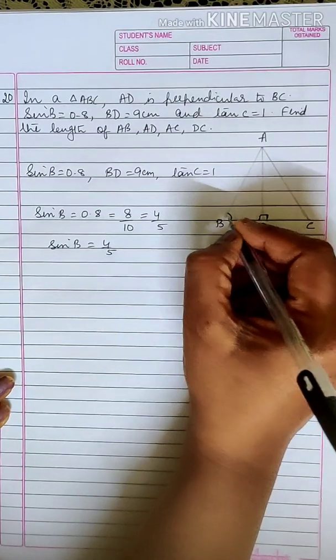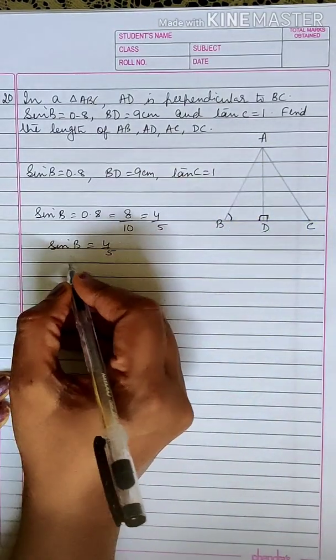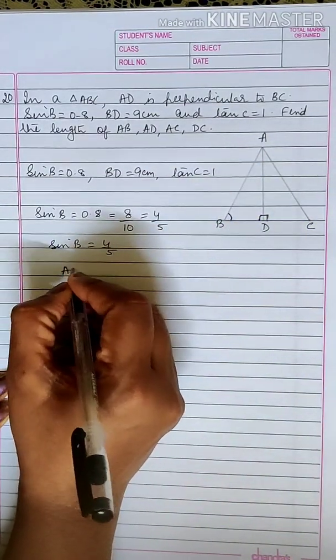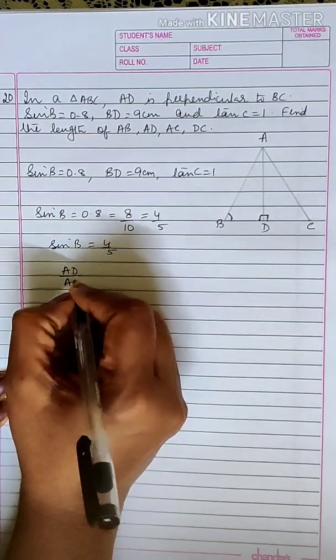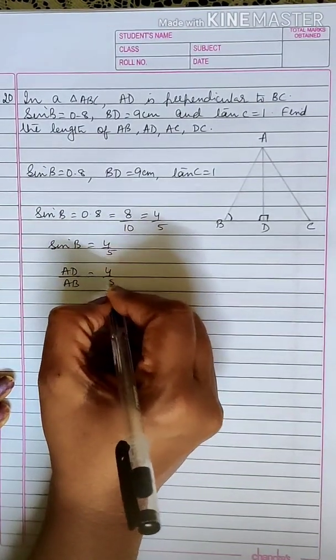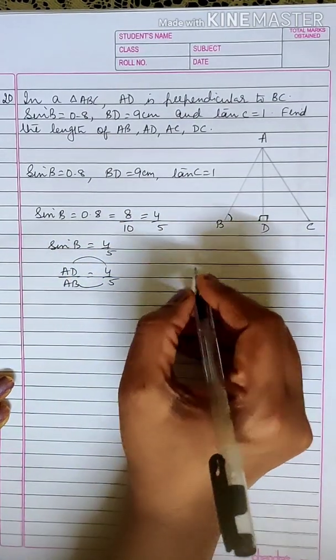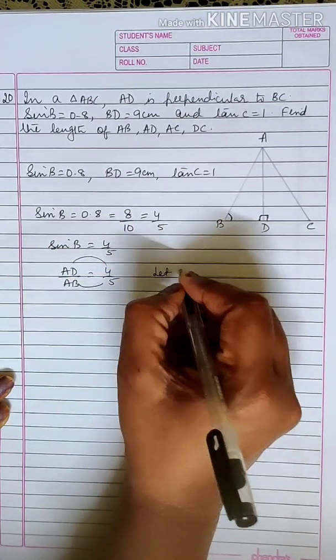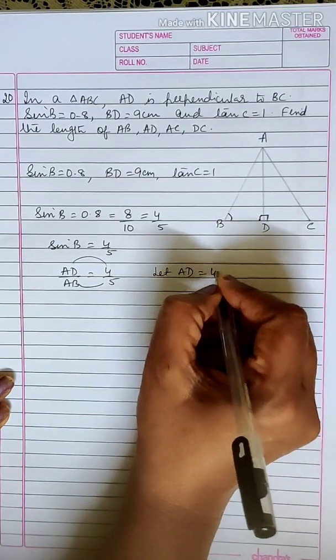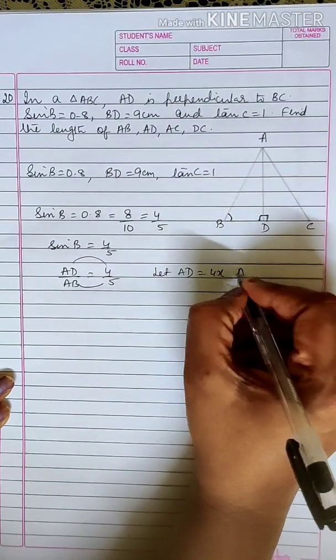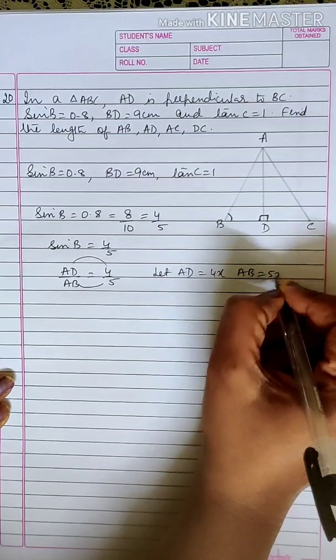So for reference angle B, sin B will be equal to AD upon AB is equal to 4 by 5. So AD corresponds to 4 and AB corresponds to 5. Let AD is equal to 4x and AB is equal to 5x.